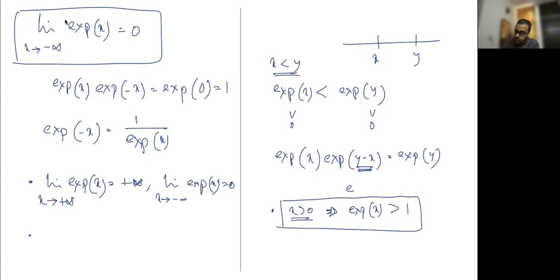If x is positive, then the first partial sum itself, 1 plus x, is greater than 1, and the subsequent partial sums are even bigger. So that gives you what you are saying here.